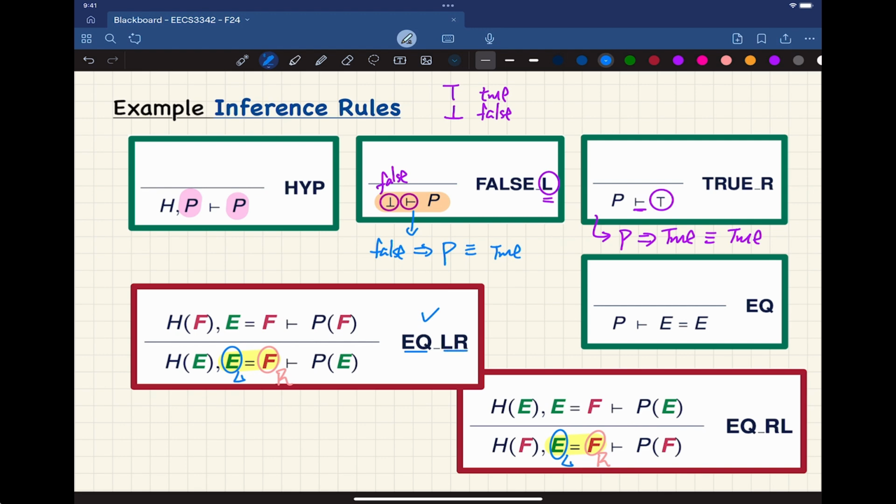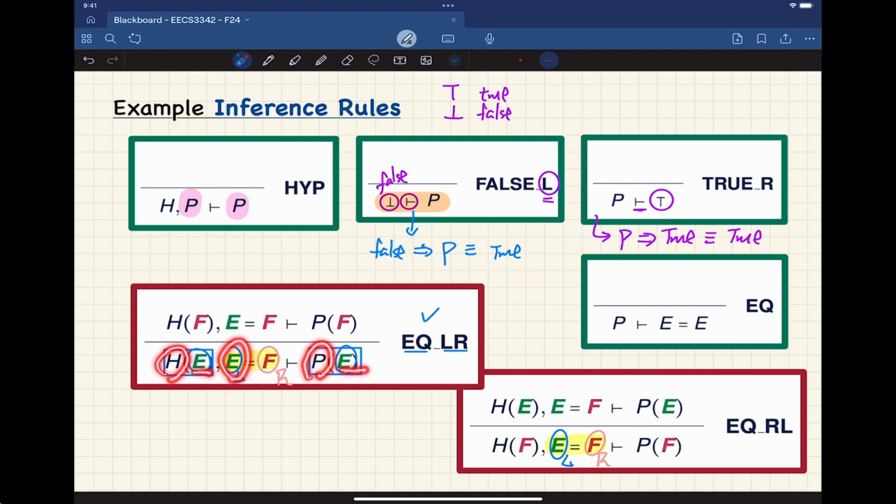It means the following. If I've got some hypothesis, and also some goal over here, both of them are defined in terms of the left. You can see here, I have some hypothesis, some property goal, and both of them are defined in terms of the left.